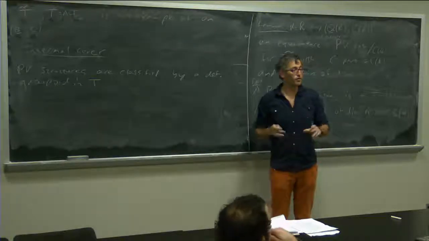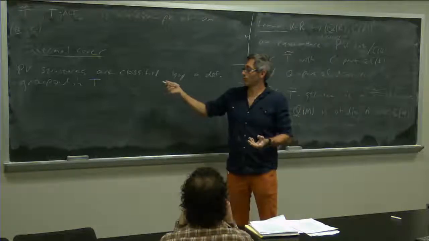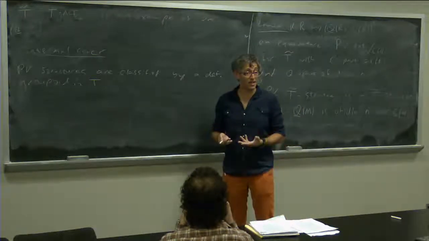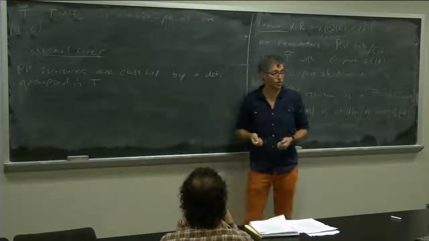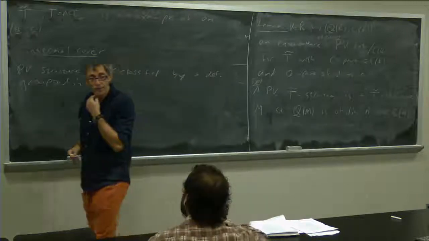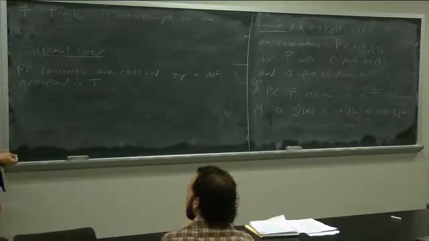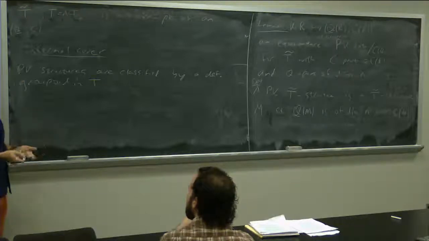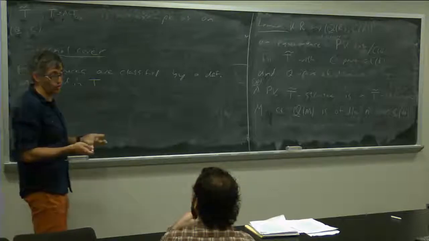This is a bit vague, but this is the strategy, and if you know Lin's argument, you see that it's exactly analogous, but here it works in a very general context. There's no Tannakian theory that you get a groupoid from. It's just a more general thing. So this theory of internal covers is an analog of Tannakian theory, but it applies in a much wider context.